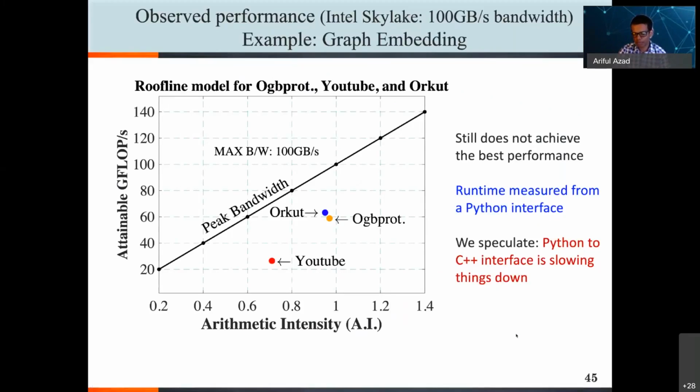Code is written in C++, but we're calling everything from Python, and this Python to C++ conversion may be eating up some performance. But still, we are happy with this performance because it is very close to the peak performance that we can get. For example, in some cases, we are getting around 60 gigaflops per second, which is much better than what we have observed in standard libraries.